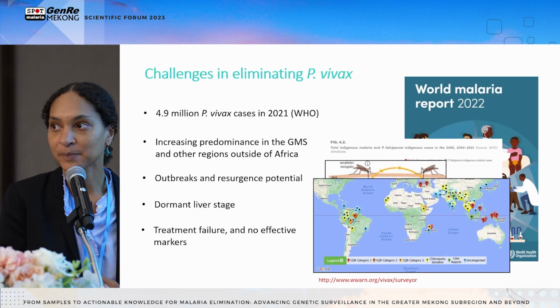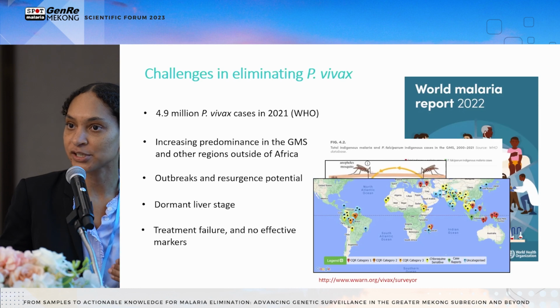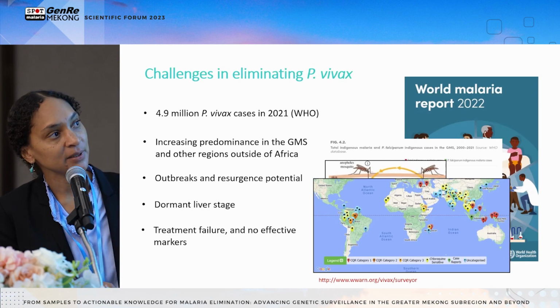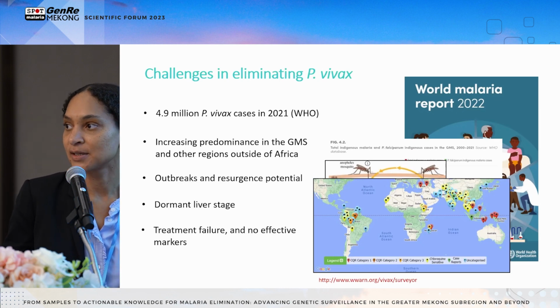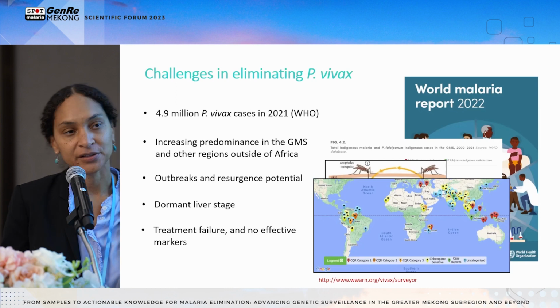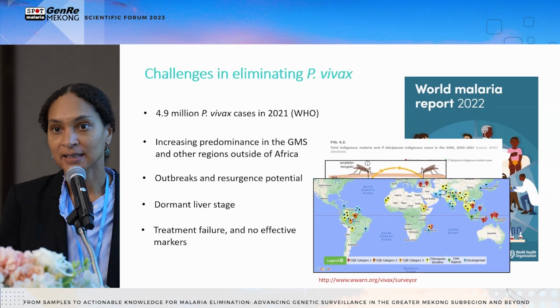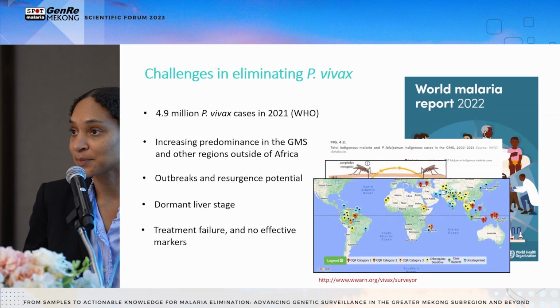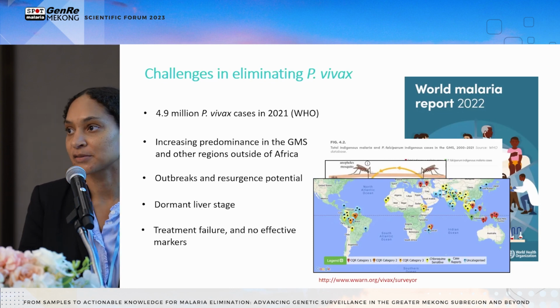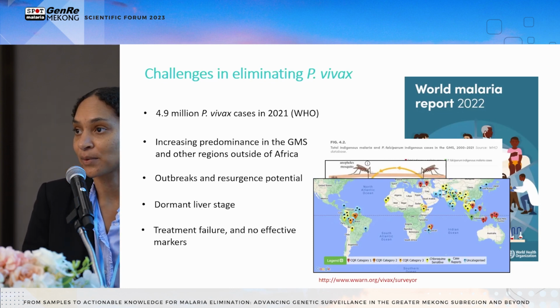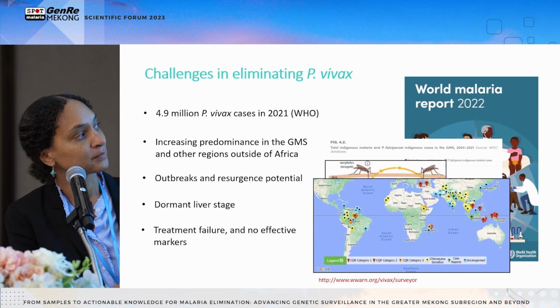But even this map is difficult to truly appreciate, because some of these reports may well be confounded to some extent by reactivated liver stages. Unfortunately, in contrast to falciparum, we don't have good or effective markers for chloroquine resistance, or indeed many of the drugs that are widely used for Vivax.